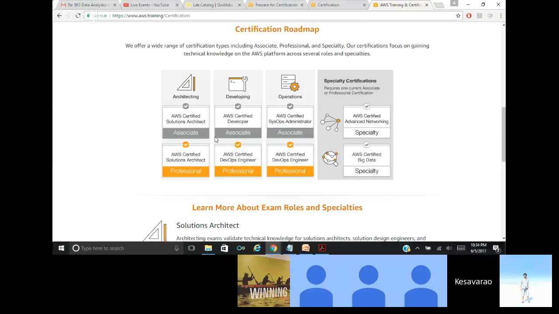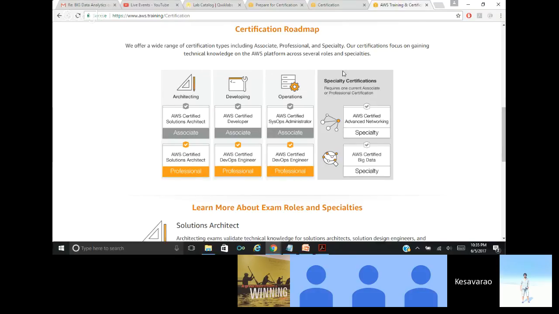All these three are associates in each area. And then the next level is, once you finish associate, then you can become professional in that area, like solution architect or DevOps engineer. If you notice, both developer and operations will lead to DevOps engineer roles. The other one is more to solution architect roles.